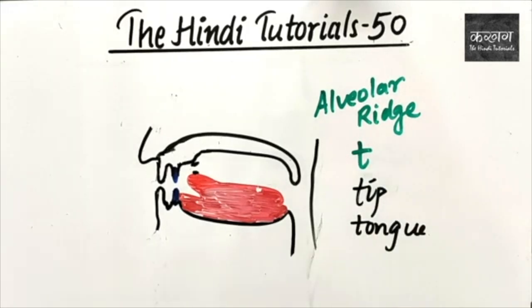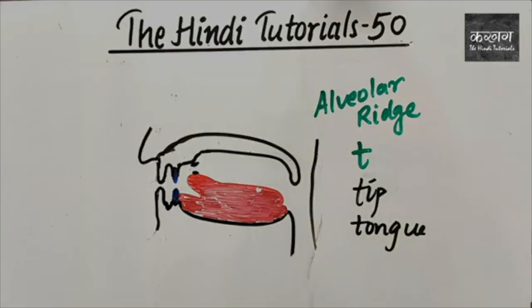Now from here I will direct you to how to pronounce the retroflex and the dental T. Easier of them is the dental T. So first we will go with the dental T. Pronouncing the dental T is so easy that you just have to place the tip of your tongue between your teeth in such a way that it is visible from outside, just like this.